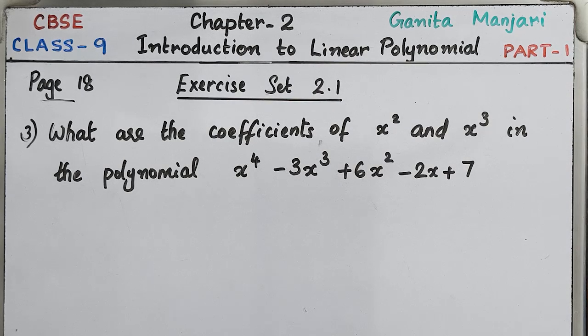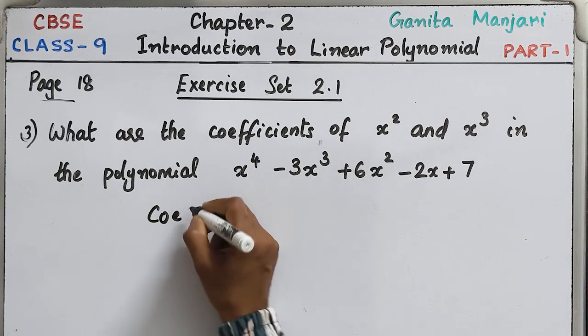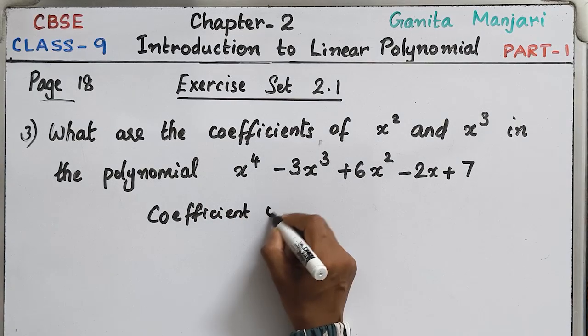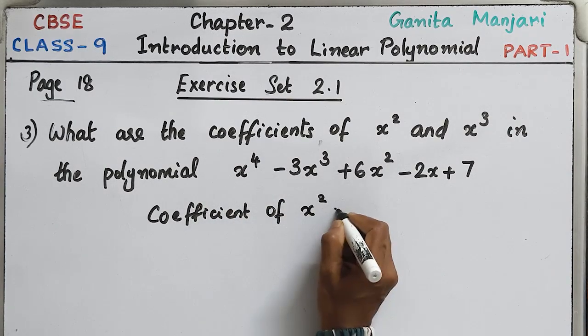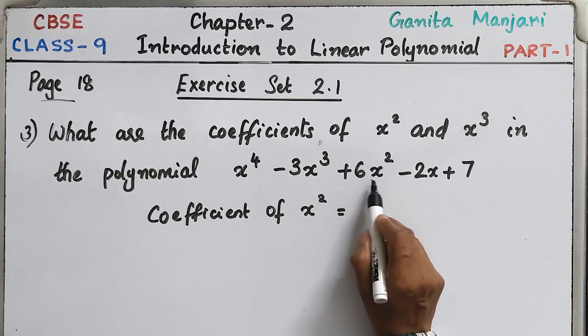Our third question is: what are the coefficients of x square and x cube in the polynomial x raised to 4 minus 3x cube plus 6x square minus 2x plus 7? So first, coefficient of x square we can find out. So take the x square term. X square term is 6x square.